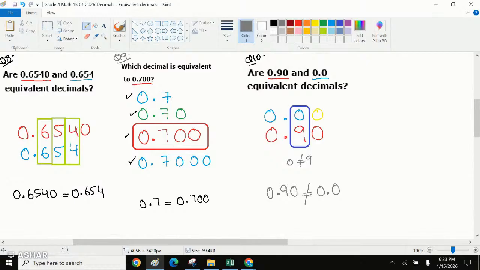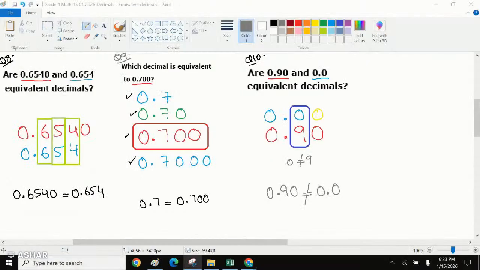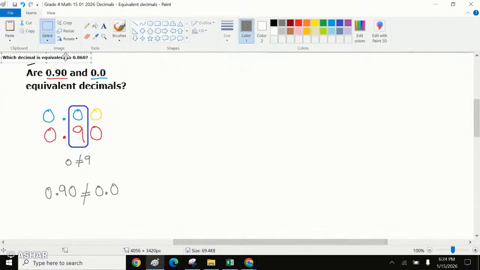Moving ahead to the next question. If they are saying which decimal is equivalent to this given, can you answer question number 11? Because this is still an open-ended question, right?